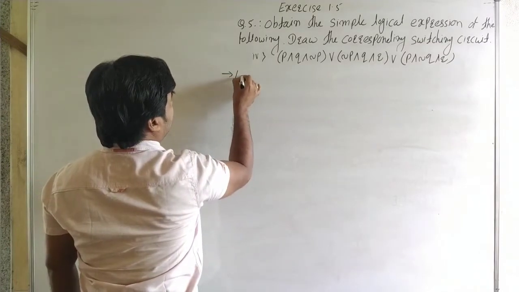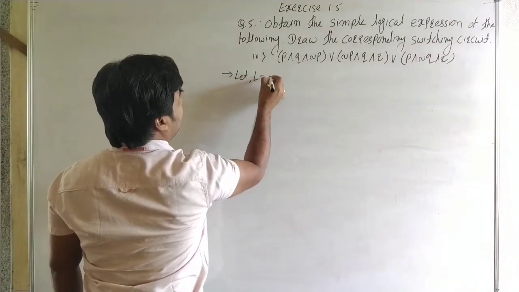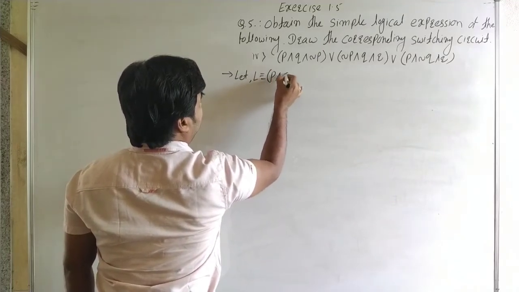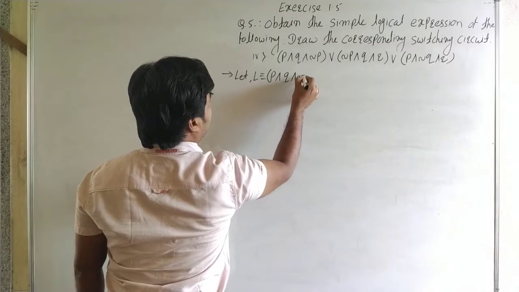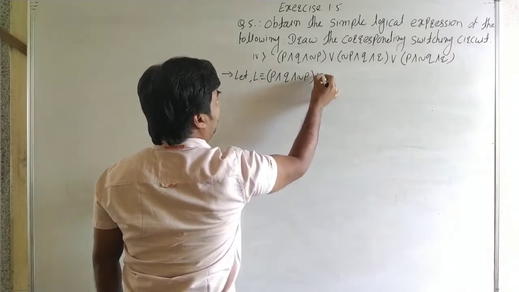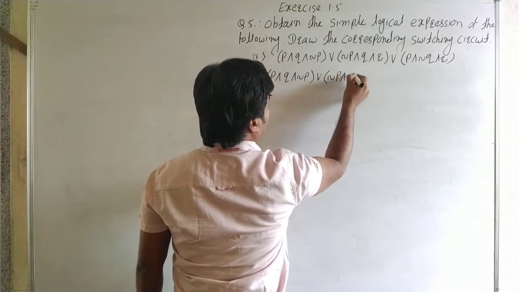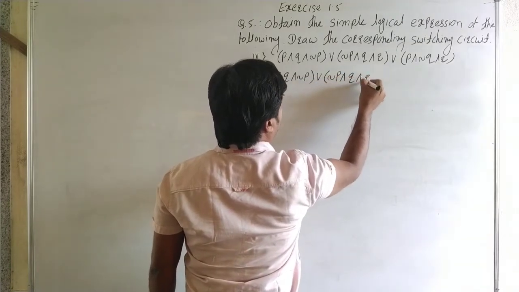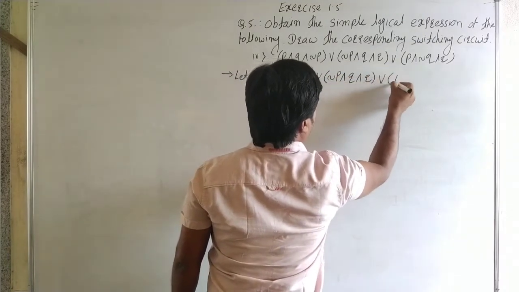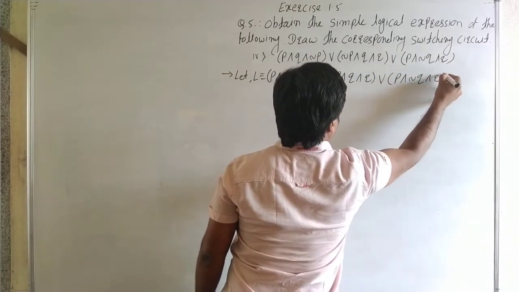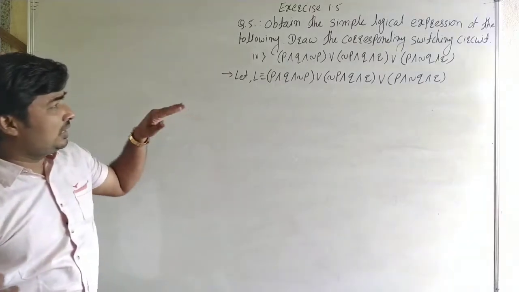Now let L be equal to P and Q and negation P, or negation P and Q and R, or P and negation Q and R. Okay, here it is the given expression.